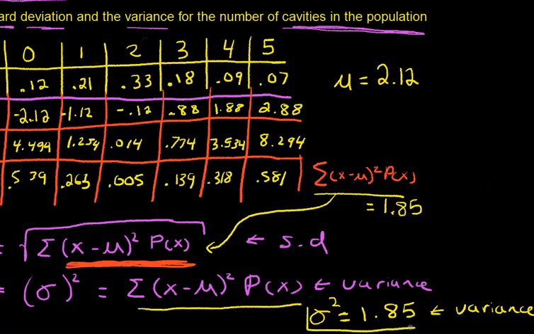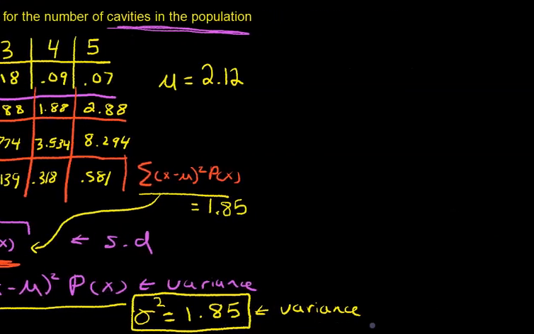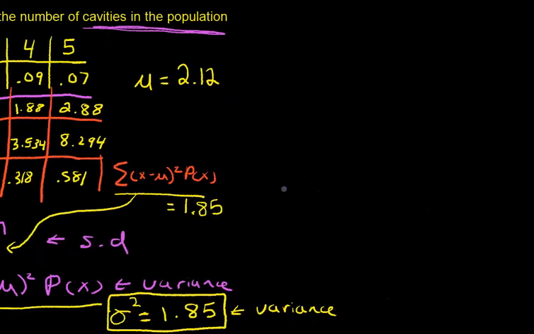Now if I want to find the standard deviation, which usually we do because we want it to make interpretations, note that the variance does not have a unit of cavities. 1.85 cavities, no, because for the variance the unit is squared. So I need to take the square root to get the unit back to just being cavities.